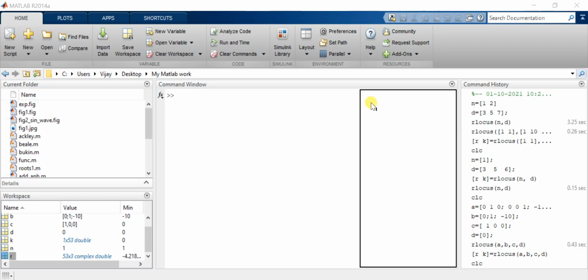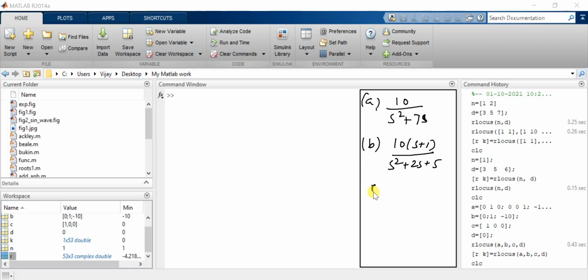The first one, A, is 10 upon s square plus 7s. The second example we have considered is 10 times (s plus 1) upon s square plus 2s plus 5.